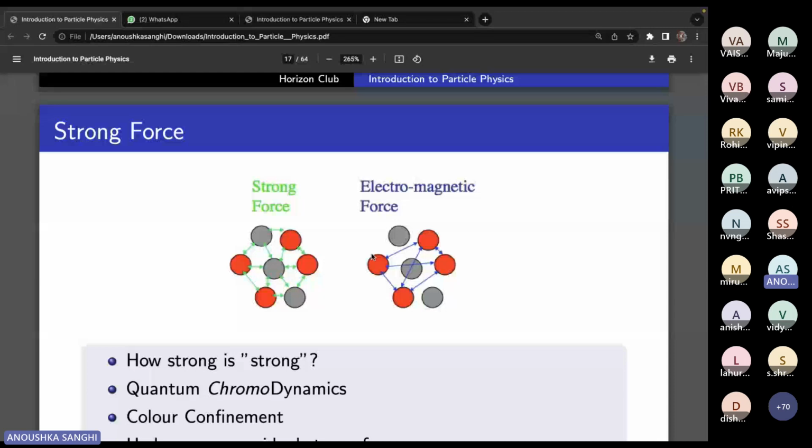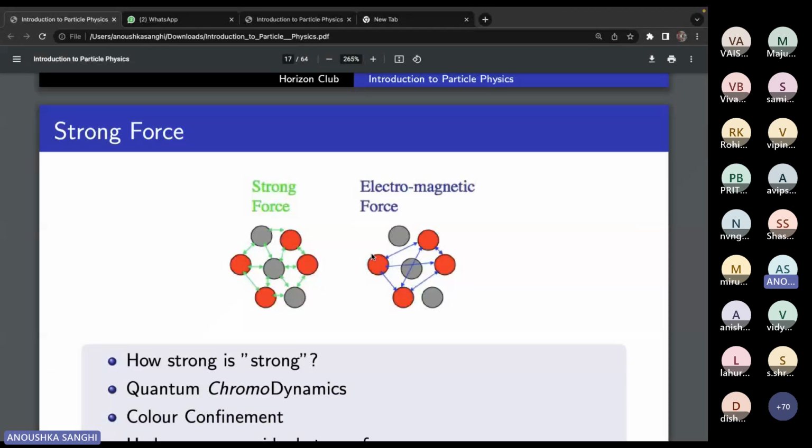This kind of energy transmission takes place through particles called gluons. So gluons are the carriers through which force is transmitted, and this is for the strong nuclear force. For the weak nuclear force, it is W and Z bosons. And for the electromagnetic force, it is photons.